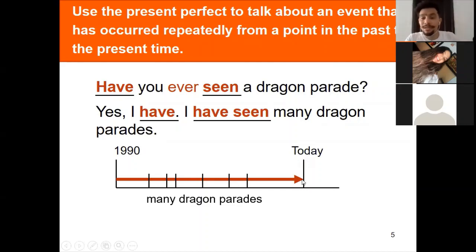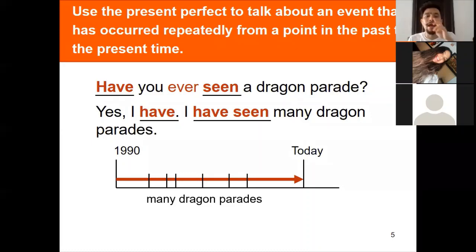And today in 2020, why not? He can see another dragon parade. But still the action started at some point in the past, and the action was repeated many times throughout all of this time until now, until the present.